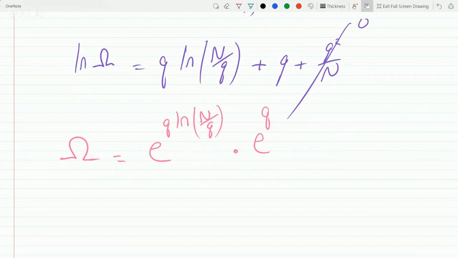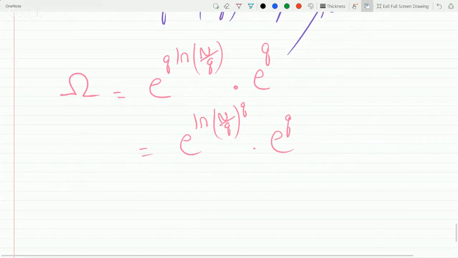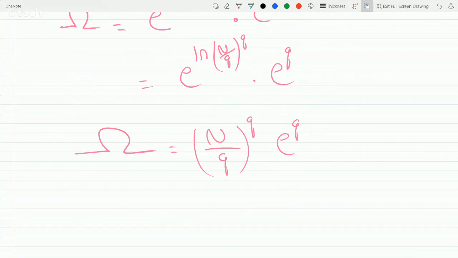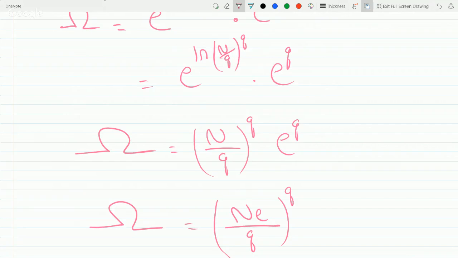So this is e to the ln (N over q), to the q, times e to the q, and the first term just becomes (N over q) to the q times e to the q. And since they're both raised to the q, you could bring them together and you get the final result for the multiplicity, (Ne over q) raised to the q.